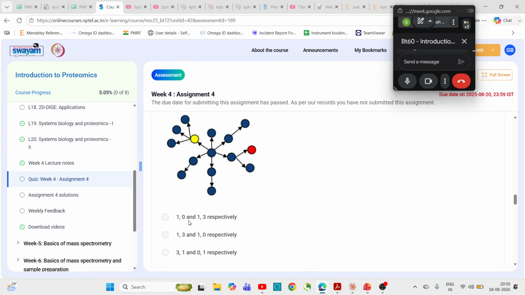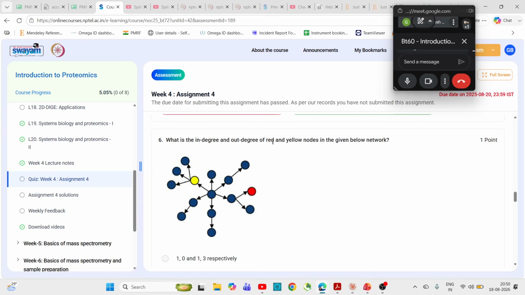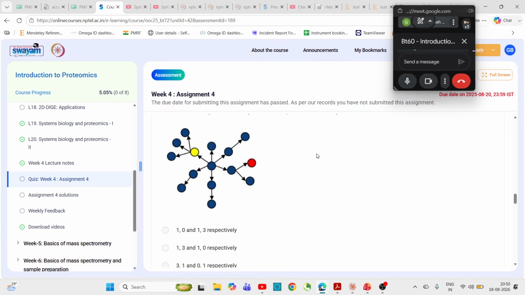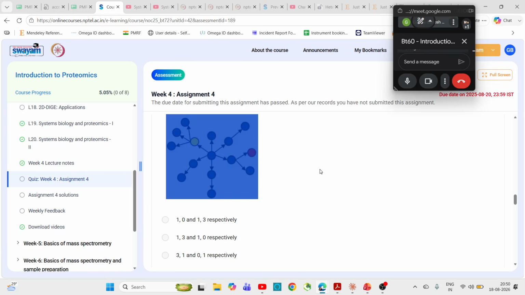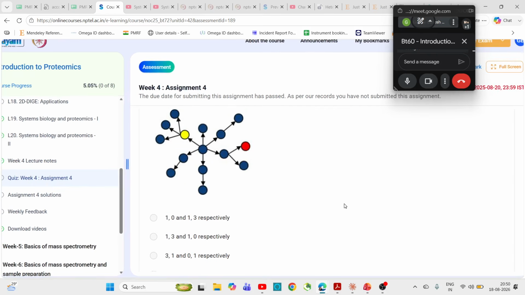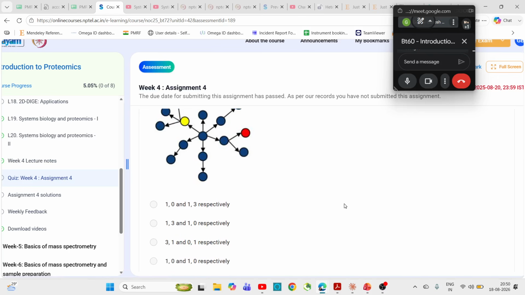So is it 1, 0 in degree and out degree? First is red and then it's the yellow node. Okay, can you answer this question? 1, 0 and 1, 0. How come?